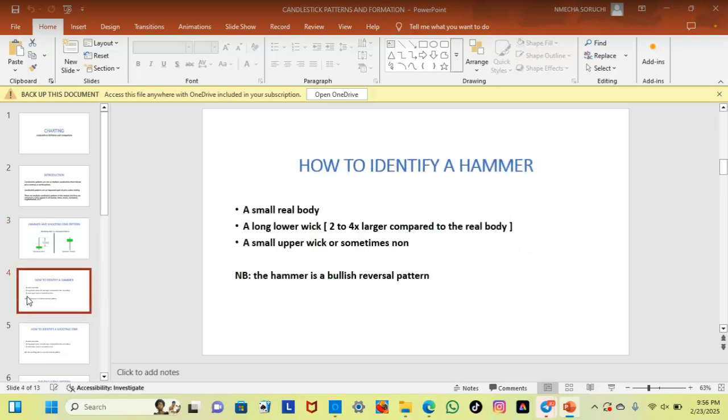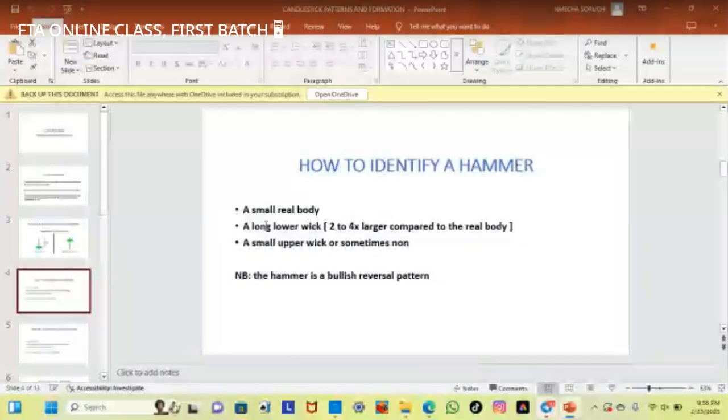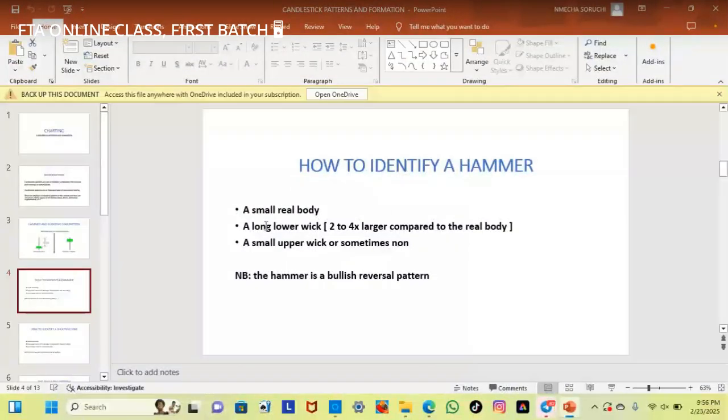Secondly, it has a long lower wick. That is, the wick should be 2 to 4 times larger compared to the real body. We'll go back to the pattern here.